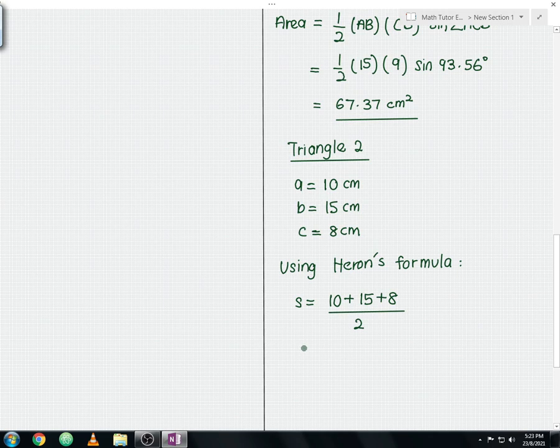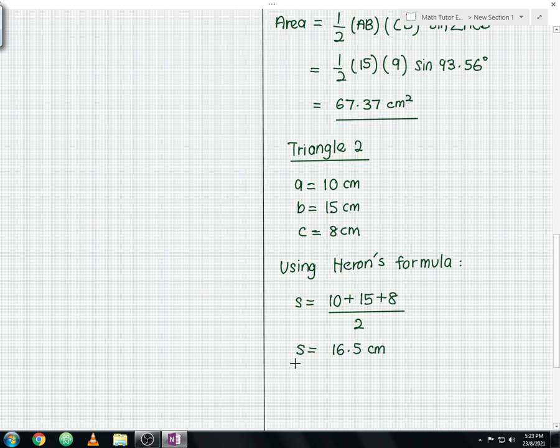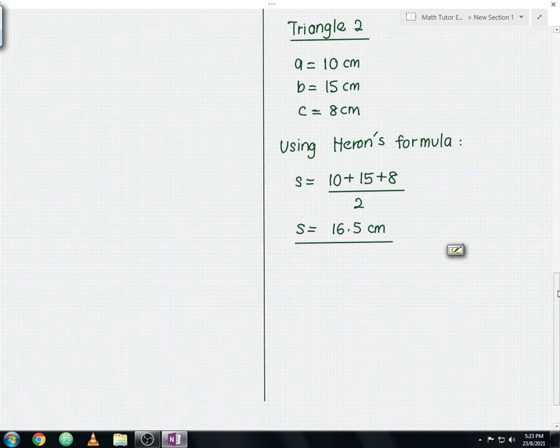So from here you should get your S equal to 16.5 centimeter. So this is your step 1 by identifying the S. Let me underline this. Once we identify the S, now we can find the area of the triangle.